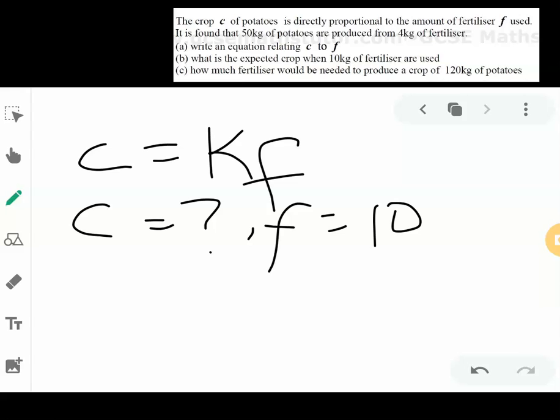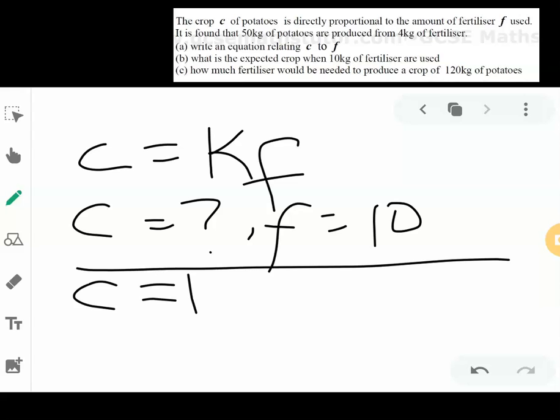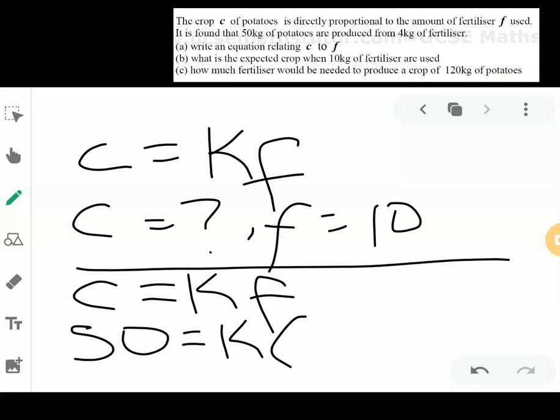Alright? But before we can do that, we actually need to find K with the pair that they already gave us. So let me draw a line. An equation C equals KF, and they had said in the beginning that C was 50 when F was 4. So 4K is equal to 50.